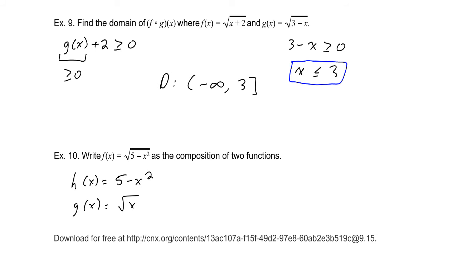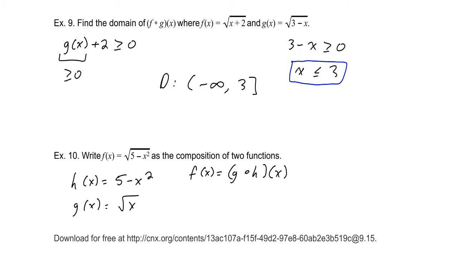So you could view f of x as g composed with h.